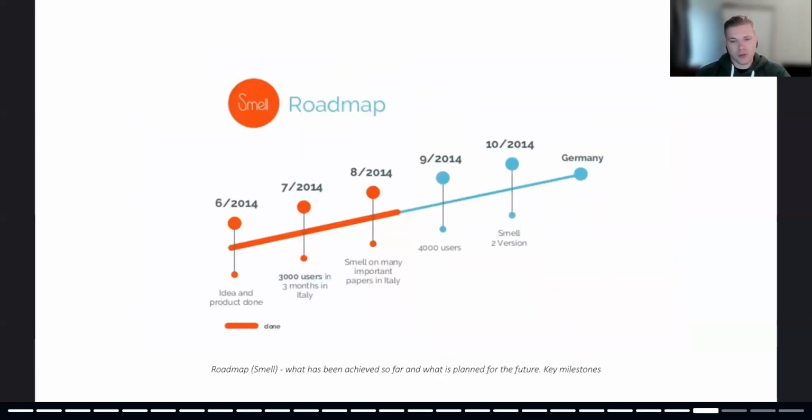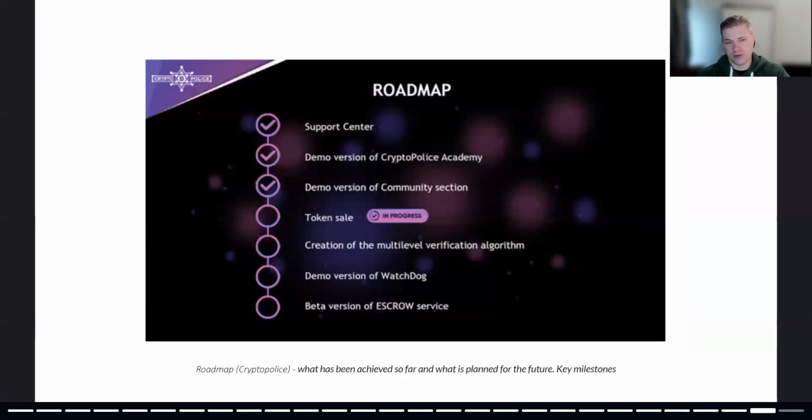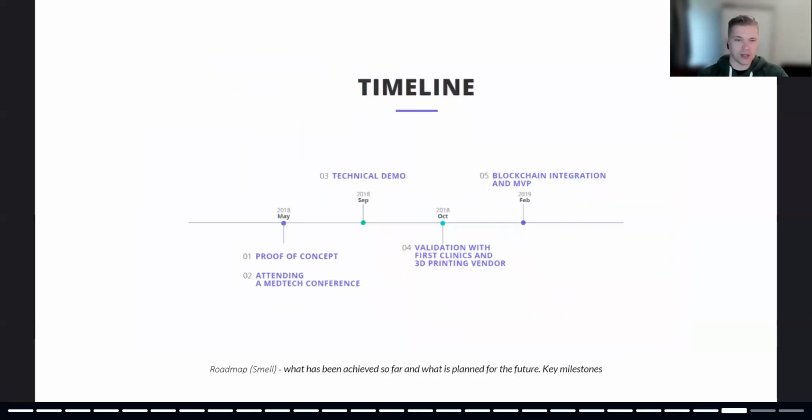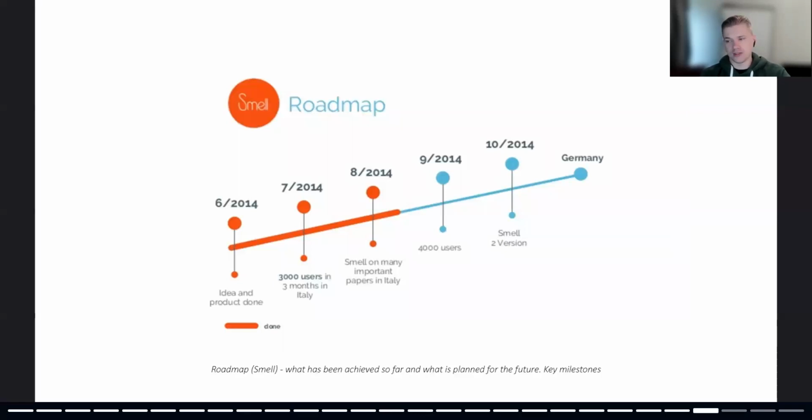But the roadmap, so the roadmap or timeline, again, you show what has already been done, and then there are a couple of points that you will do in the next period. I'm not sure there is some period which is necessary to include.